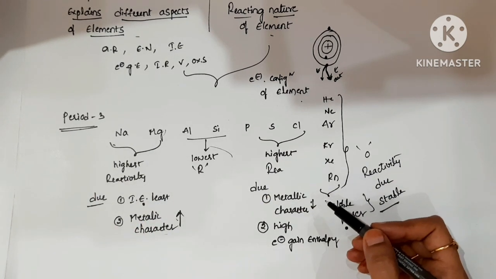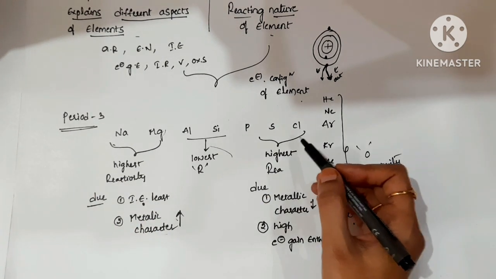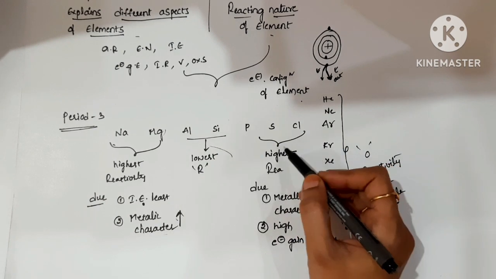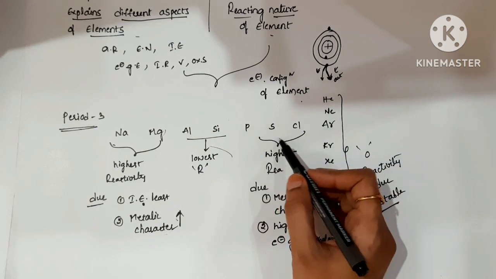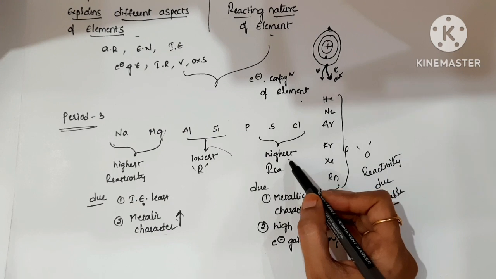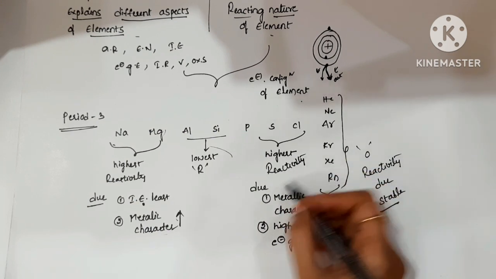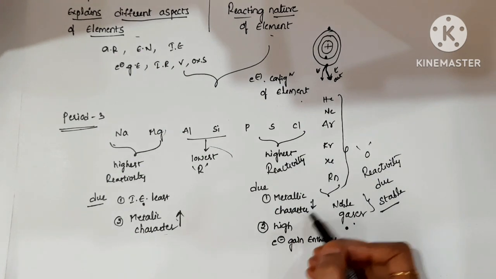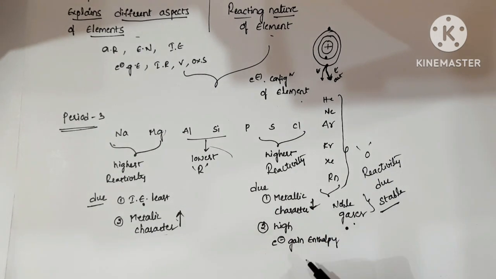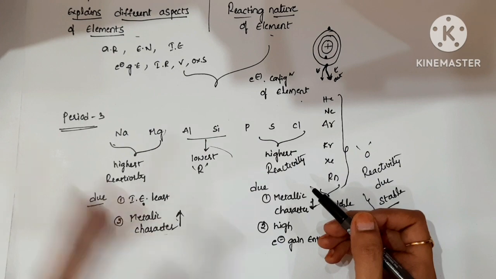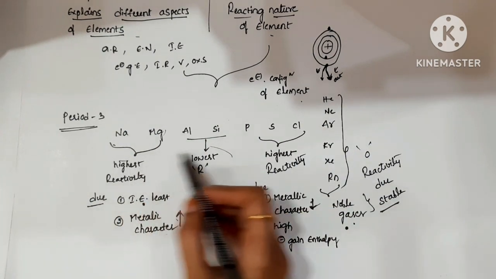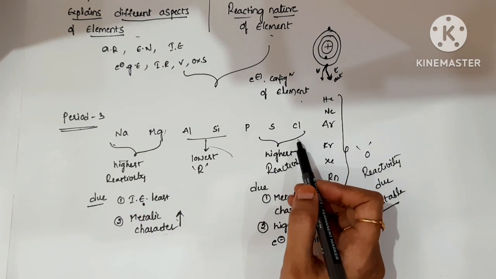Now let us discuss the right side of a period. These elements also have the highest reactivity due to metallic character decreasing. In a period, from left to right, metallic character decreases.